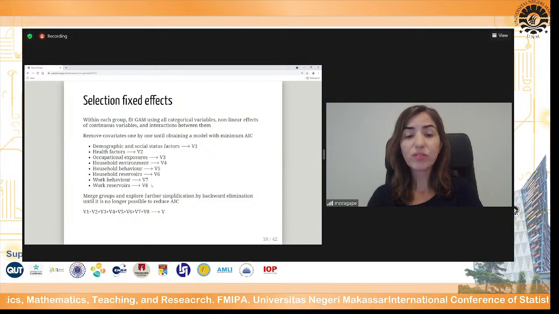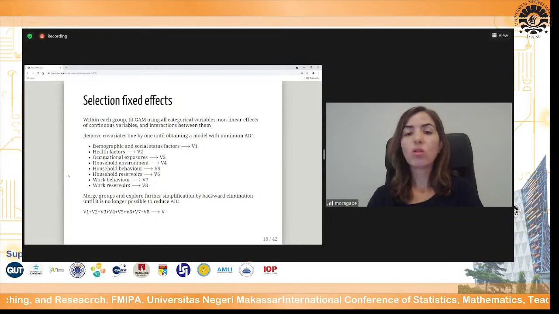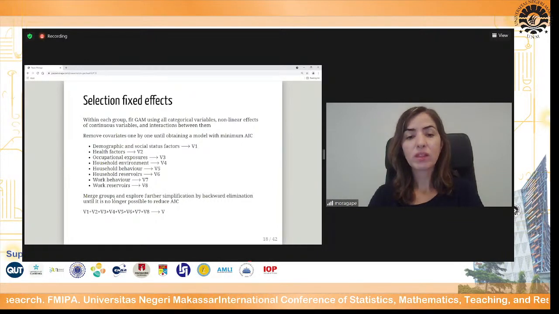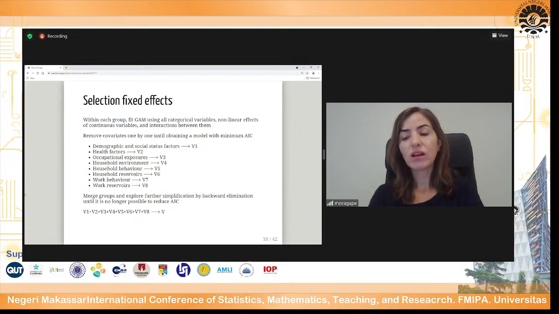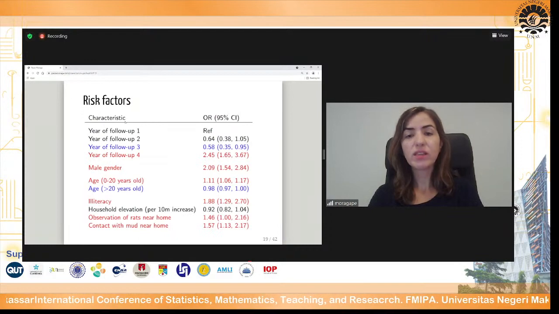After that, we merged all the covariates selected and fitted another model using all the categorical variables, nonlinear effects of the continuous variables, and interactions between them, and explored further simplification by backward elimination until it was no longer possible to reduce the AIC. So by following this approach, we obtained a model with these covariates, and these are the results.